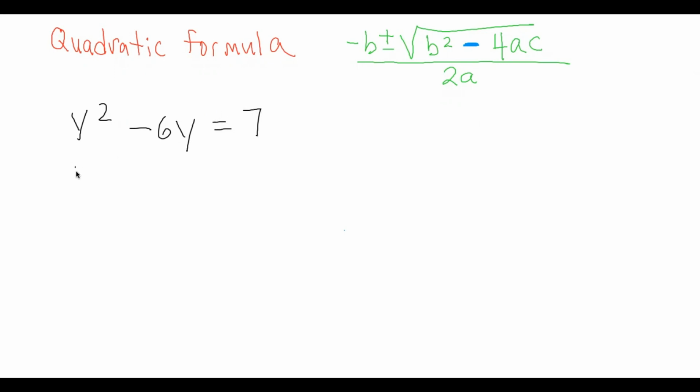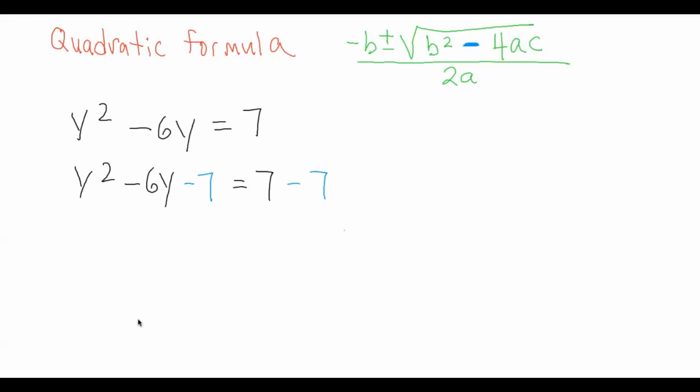So let's go ahead and rewrite this. I'm going to have y squared minus 6y, and then I'm going to put in there minus 7 equals 7. And if you see, I'm putting this in the same color. I took negative 7 off both sides.